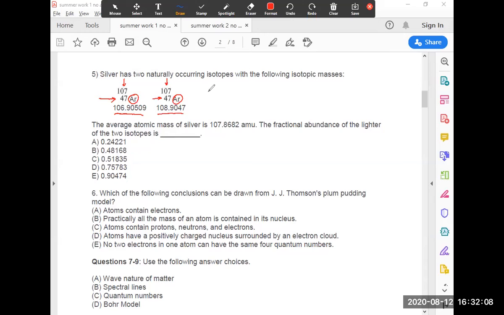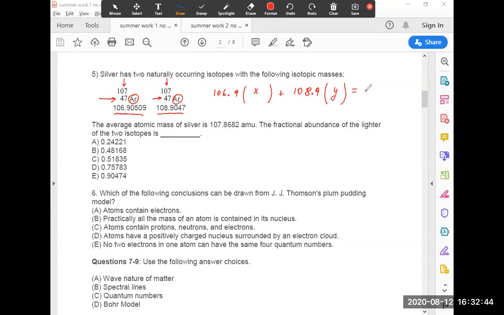So how much of this do I have, and how much of this other atom instead do I have? I know that I have those 2 masses. Let's just write 0.9 because it's not important right now. So 106.9, but you don't know how many of those you have. And then you also have the other mass, and for this one you also do not know how much you got.